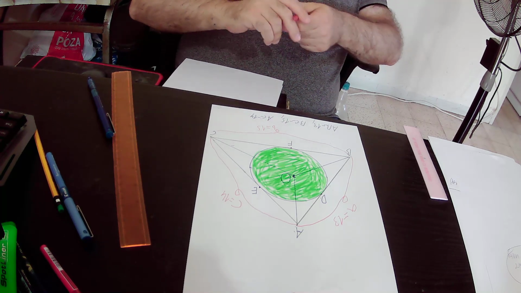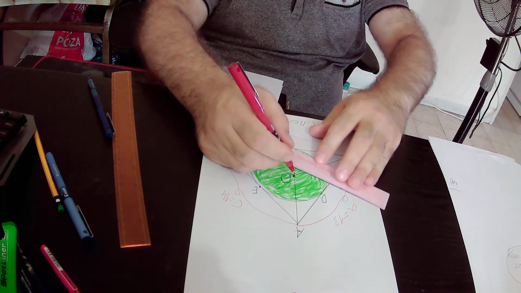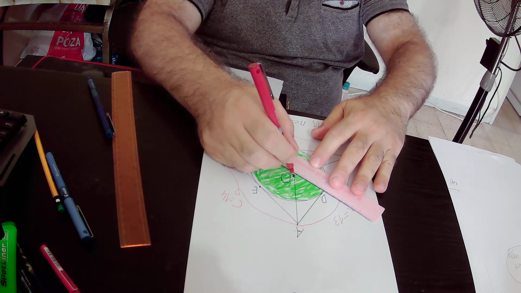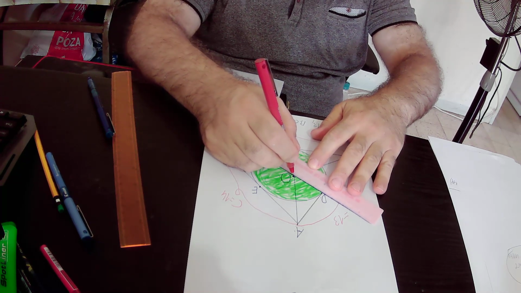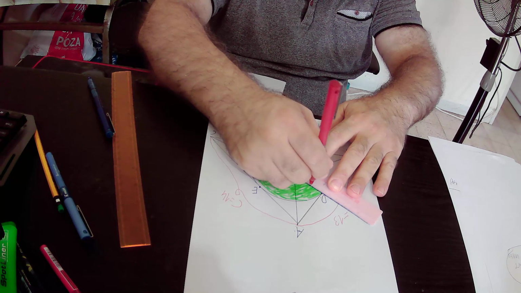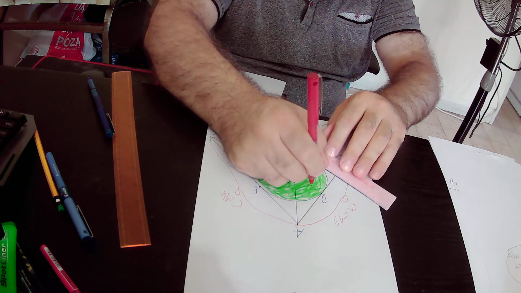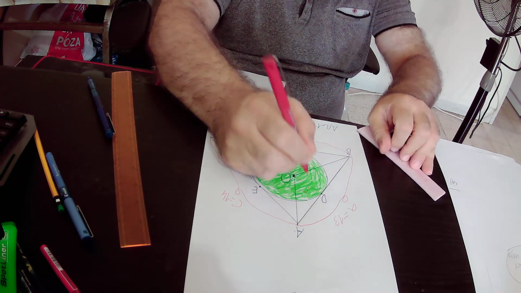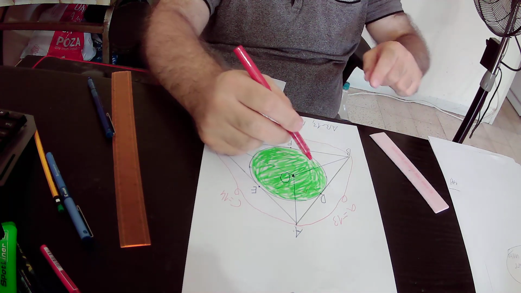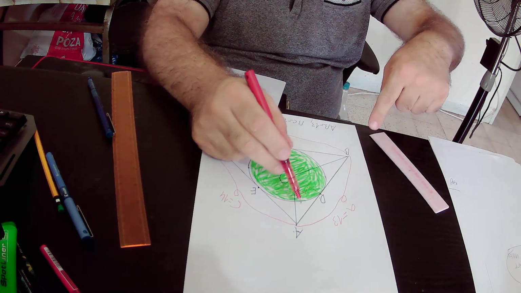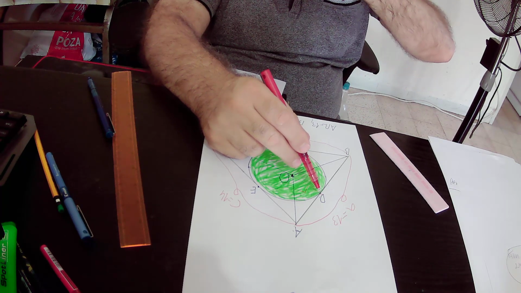So the first radius will start from the center of the circle and will touch the circle at point D, that is the launch point of the point of tangency between tangent AB and the circle.